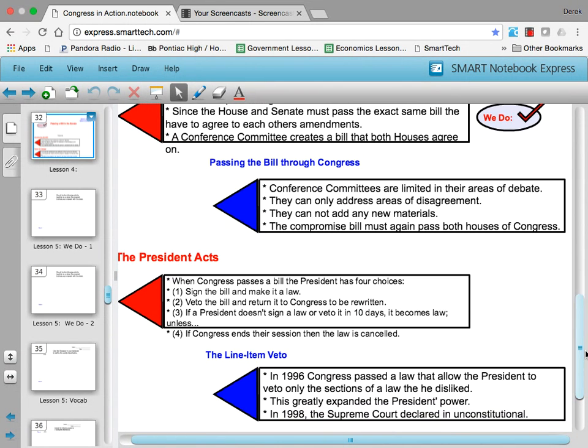Now, on the topic of veto, we should discuss something that comes up periodically called the line item veto. In 1996, Congress made the very poor decision to pass a law that allowed the president to veto only the sections of a law he disliked. So let's say there was a law that had two parts. One was spending $50 billion to build some new highways.